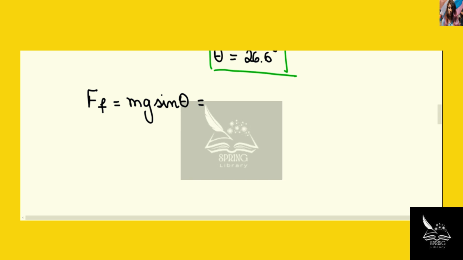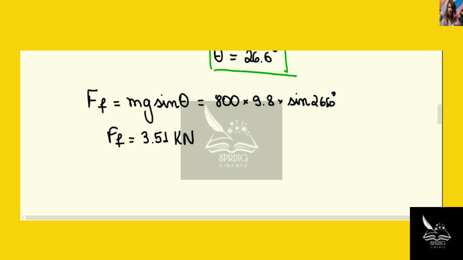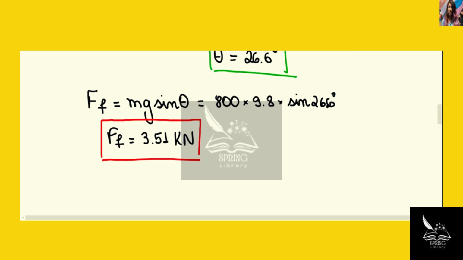Now m is 800 kilograms, g is 9.8 meters per second squared. I have to multiply it by the sine of 26.6. So the friction force is equal to 3.51 kilonewtons. Okay, this is the first answer.